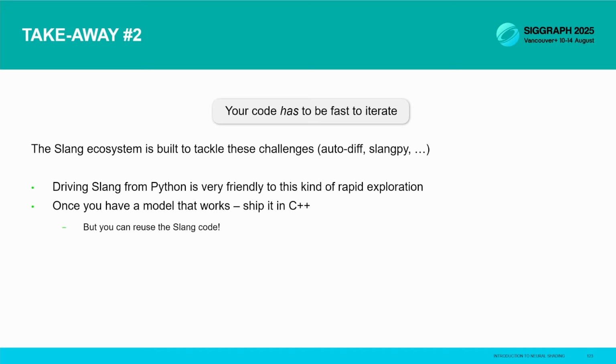The important piece is that the core logic, the shader code that actually runs your neural model and evaluates your training code, doesn't have to change between Python and C++, and it can be shared between the framework where you prototype and the one where you ship your code. And this is a big advantage compared to using something like PyTorch or JAX, which live in an entirely different world from your renderer and need you to rewrite everything from scratch in their framework when you actually want to train it, compared to where you want to ship the thing in the end.